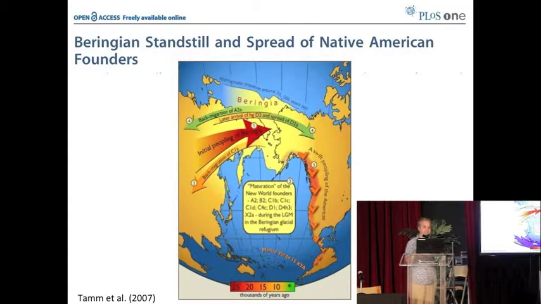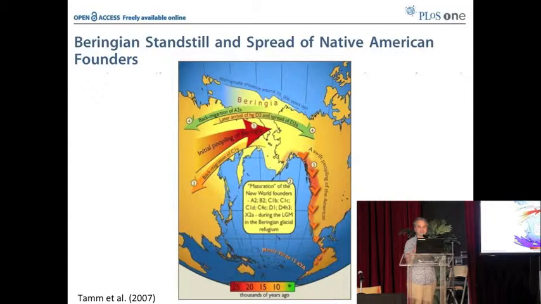And so this model goes as follows. There was an initial peopling of Beringia, and then during the last glacial maximum, as Ted discussed, there was perhaps a group of individuals that stayed in Beringia in a refugium.